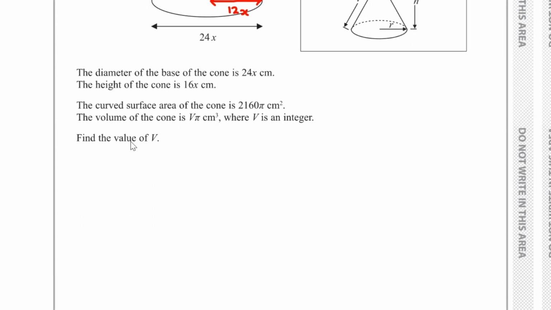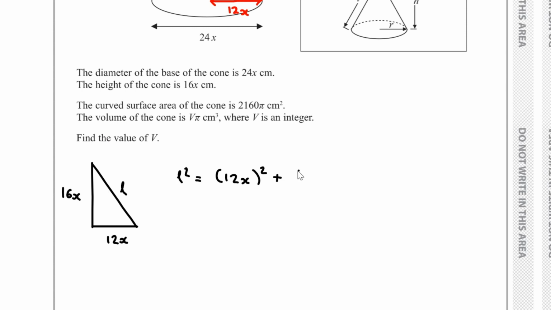So if I draw a right-angled triangle, we have over here 12x for the radius. We're finding out what L is, and we know the height is 16x. So L squared, that's equal to 12x all squared plus 16x all squared.